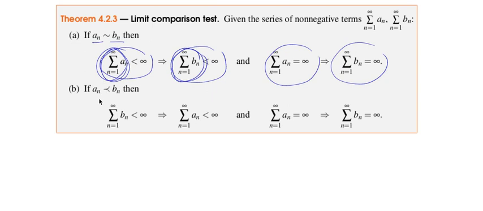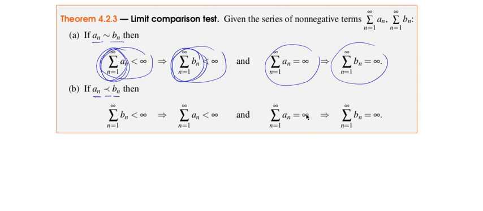Now if a sub n is negligible in comparison with b sub n, the series associated with b sub n being convergent implies that the series associated with a sub n is also convergent. And you can see this is similar to the comparison test, which means that the terms of a sub n go to 0 much faster than the terms of b sub n do, right? And the other way around.